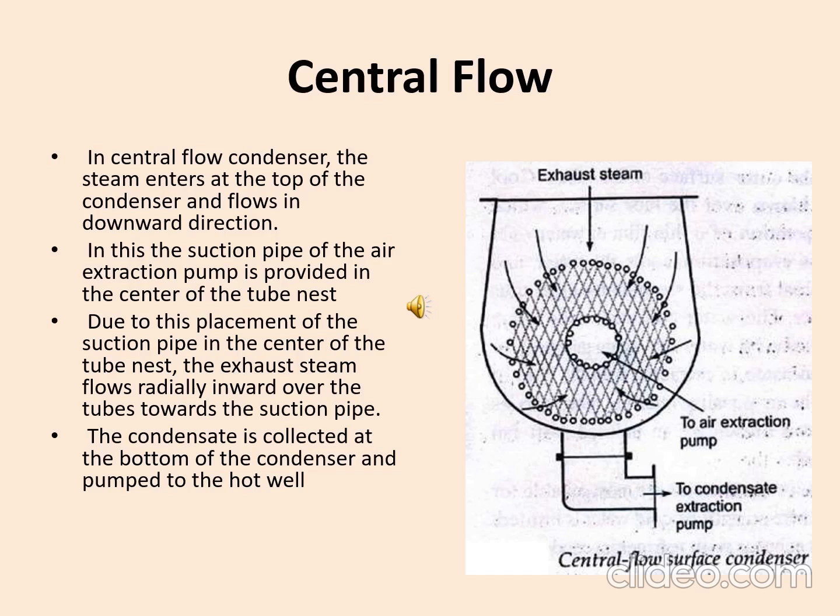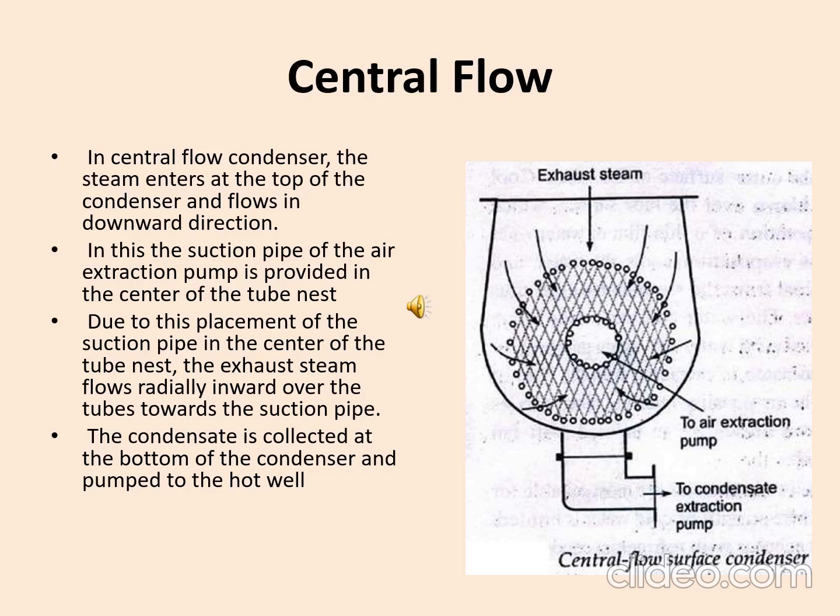Next we will discuss the downflow surface condenser. What is happening in a downflow surface condenser? The steam enters from the top of the surface condenser. The exhaust steam coming from the top moves in the downward direction with the help of the air extraction pump, or due to gravity.